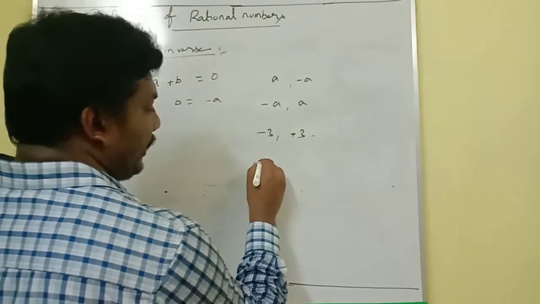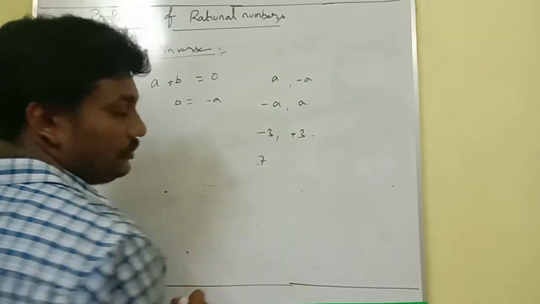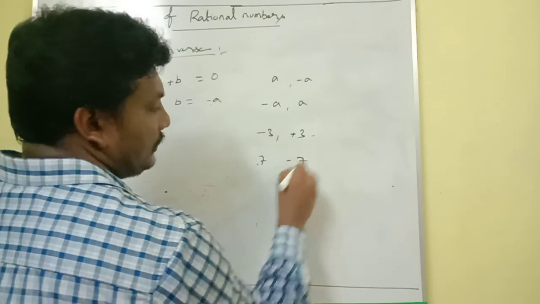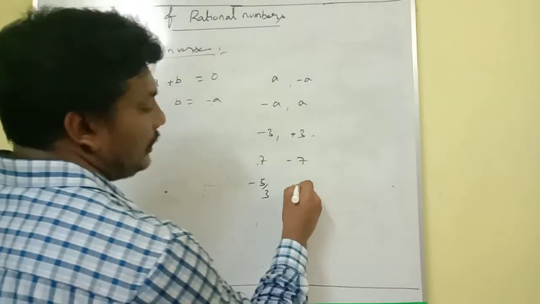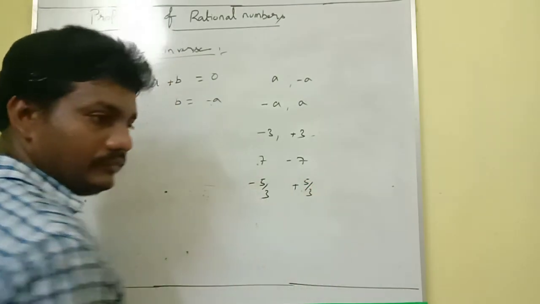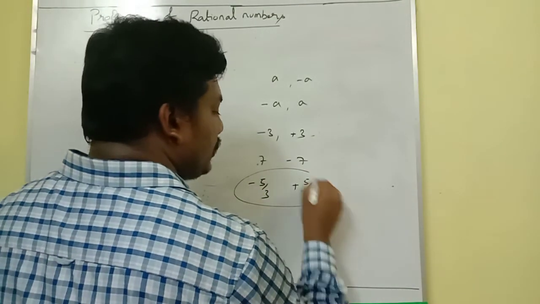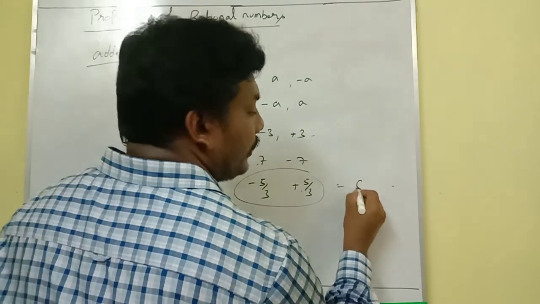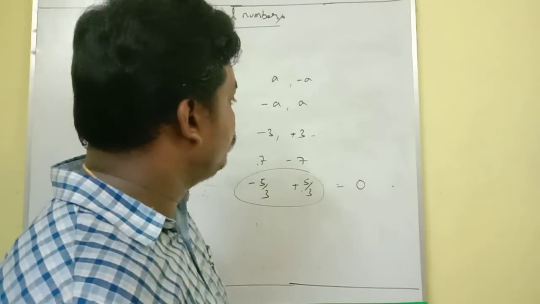If you take 7, its negative is minus 7. If you take minus 5 by 3, its negative is plus 5 by 3. If you add these two numbers, we get the additive identity, that is 0.